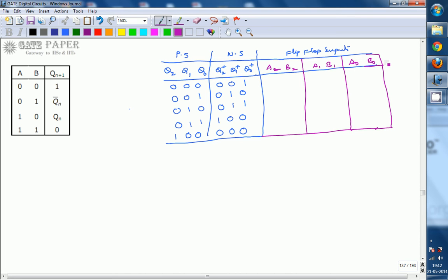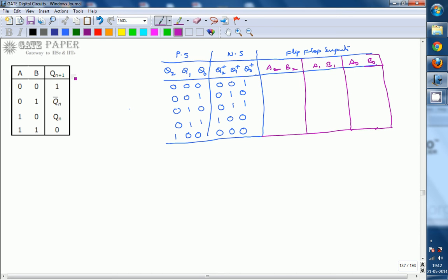Okay, so before doing this, we require an excitation table. Even though the AB function table is given, we are going to get the excitation table from it. Excitation table implies that if you want to get a desired next state from a known present state, what inputs you should apply.